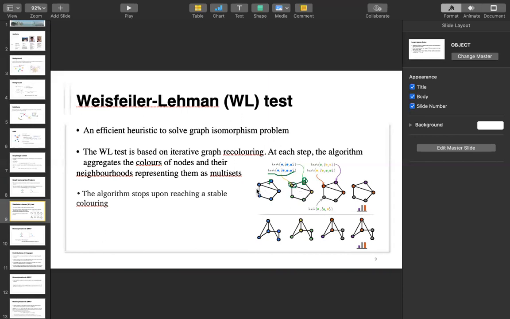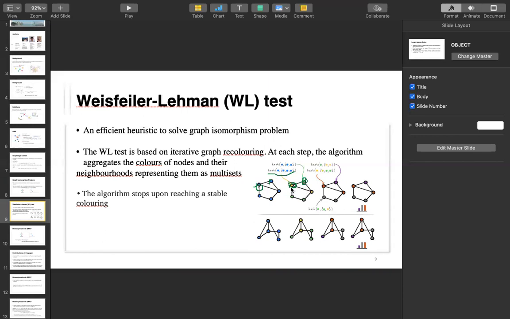Because we want to represent the unique structure that this node has. For example, this node has three neighbors, but this node has only 2 neighbors.